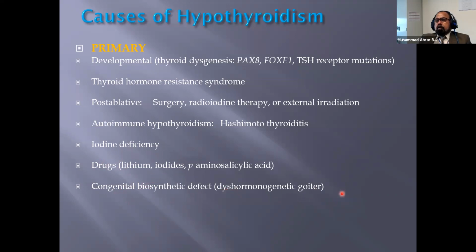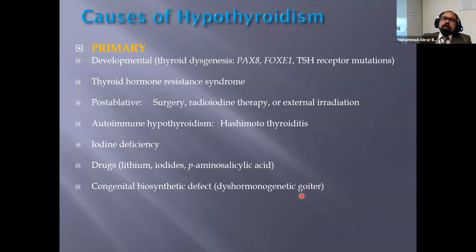If you recall the first picture which I was showing in the whole physiology, what happens in a dyshormonogenetic defect? There are several possibilities. Either thyroglobulin is not being produced from the rough endoplasmic reticulum, or, if it is produced and present in the follicular lumen, there is a problem in the sodium-iodide symporter that takes iodine into the follicle.